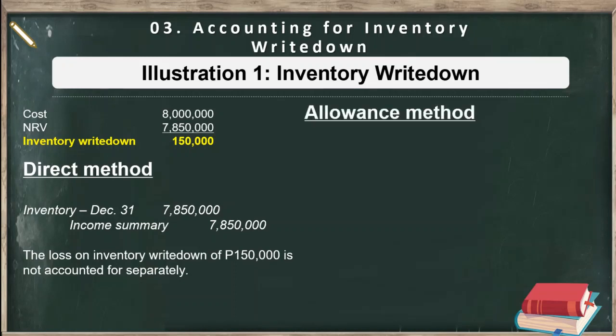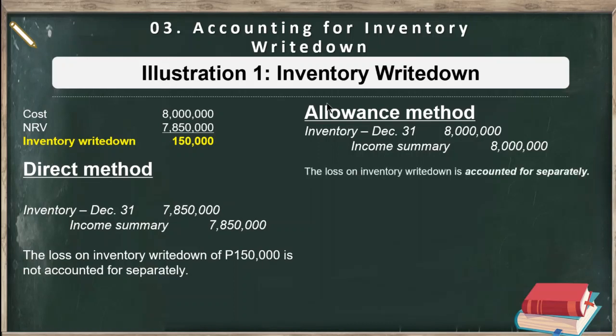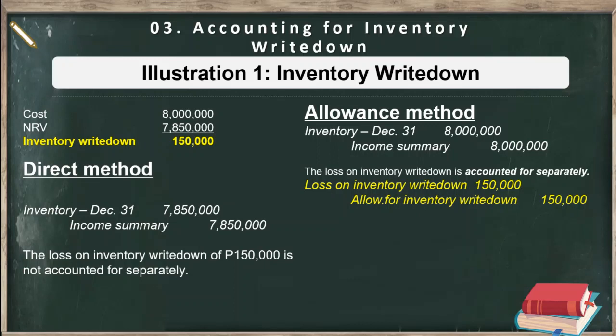Next is if we're using the allowance method, so the entry would be at cost. Initially, there will be an entry at cost, and then we're going to make an adjustment for the loss on inventory write-down, which is accounted for separately. Again, when we say we accounted for separately, there will be a separate entry to record the transaction. So that's debit loss on inventory write-down and credit allowance for inventory write-down.